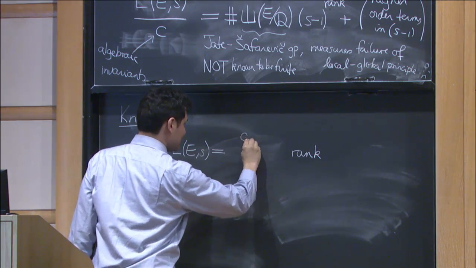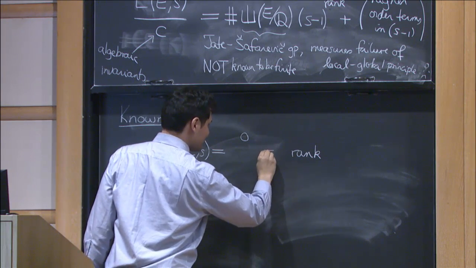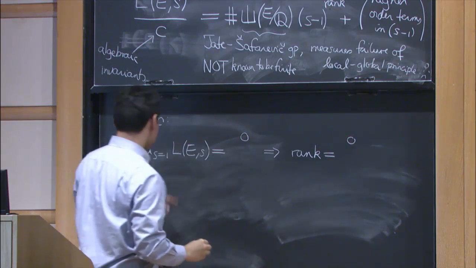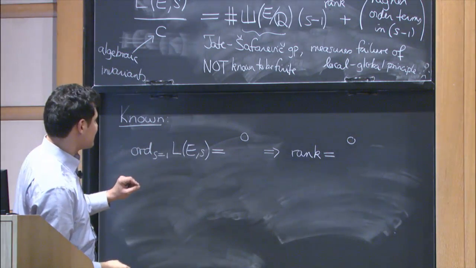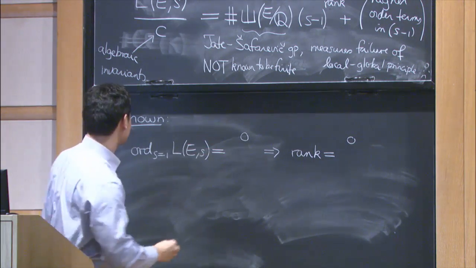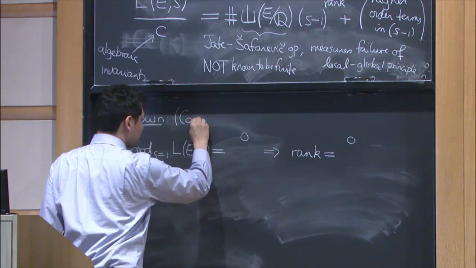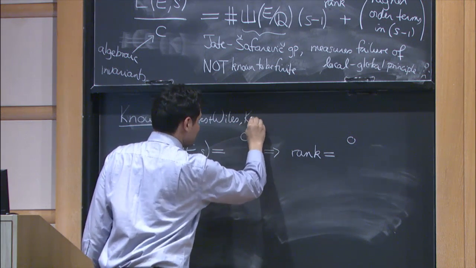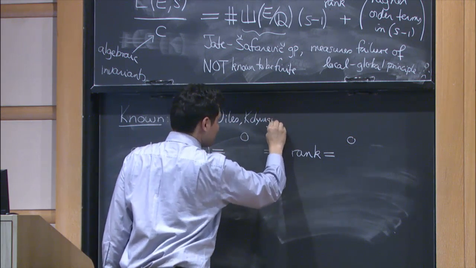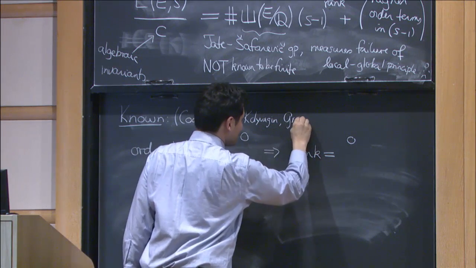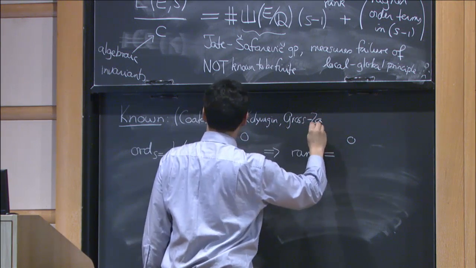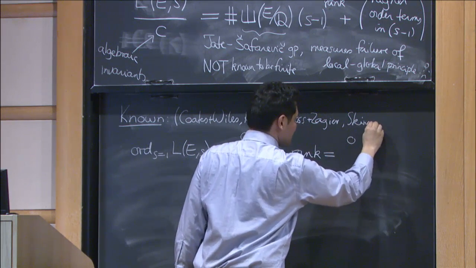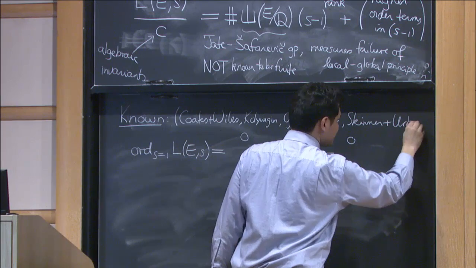So here's something we know. The first part of the story was that if the value here is non-zero, so if the order of vanishing is 0, then the rank is 0. If you combine the known results so far, we can only really say something about the rank 0 or 1 case.